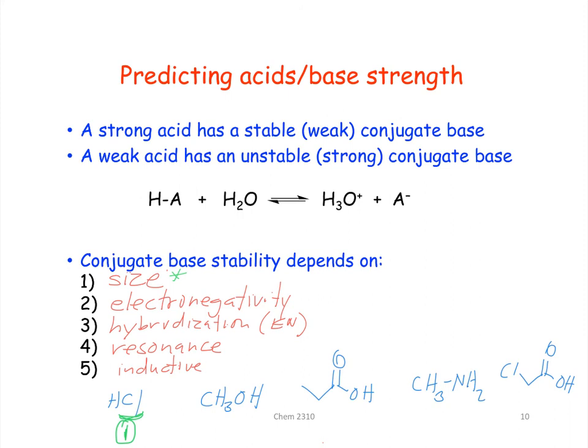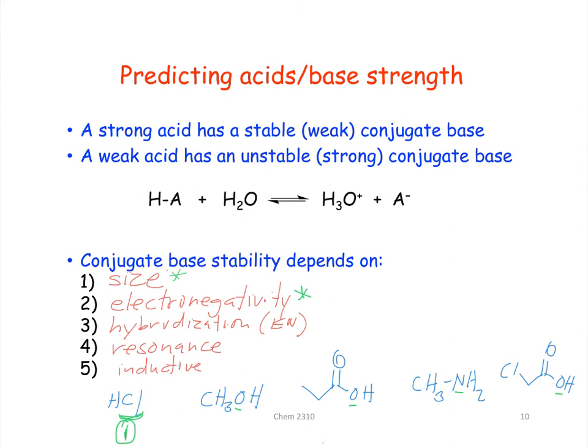All right, so chlorine is the only one that has a different size. So the next thing we look at is electronegativity. Let's look at the other remaining four. We have oxygen, oxygen, nitrogen, oxygen. Three of them are the same atom, and one of them is nitrogen.